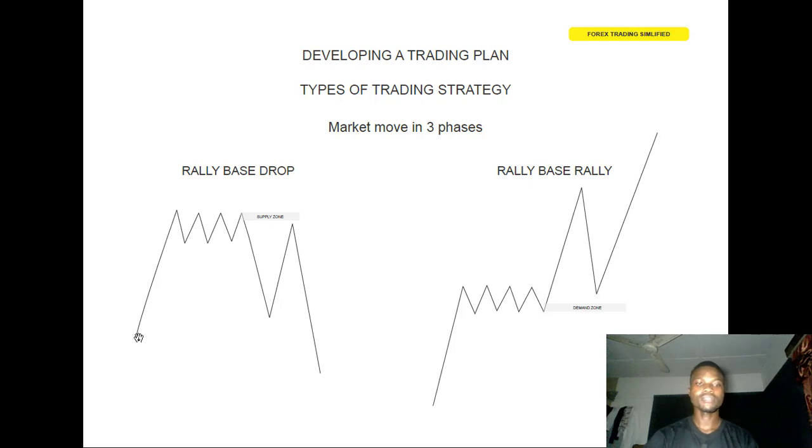Normally if the buyers are in control, there is going to be a little retracement before they continue the movement. I use a car to explain to you. When a car is moving, it needs to switch the gear before it continues to the next phase of the gear.